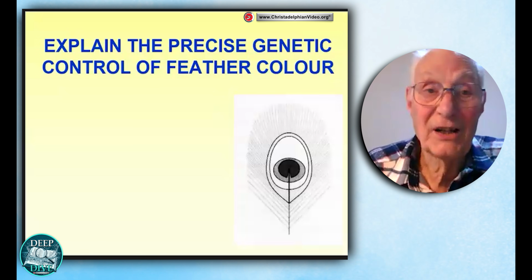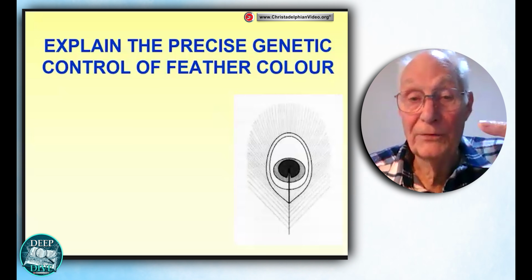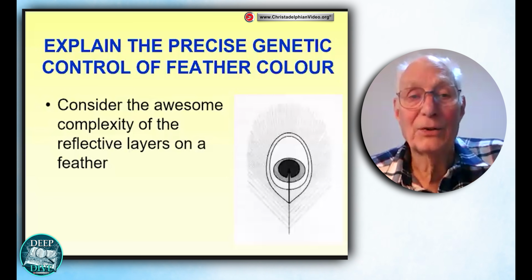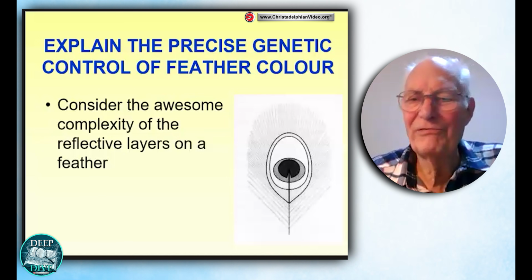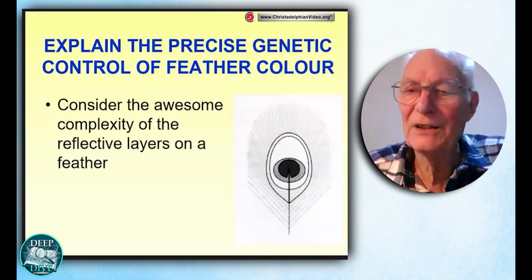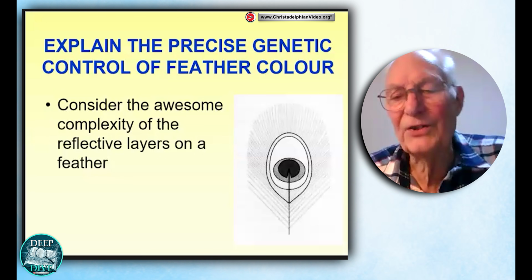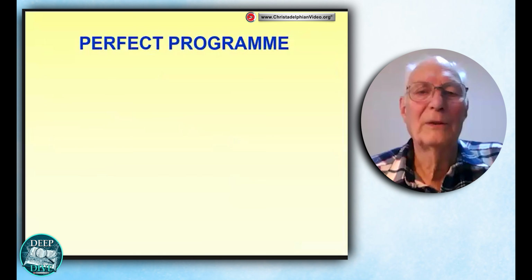And what about the precise genetic control of the colour of those feathers? That's the awesome complexity of those reflective layers that reflect light at different frequencies to give different colours when you look at it.